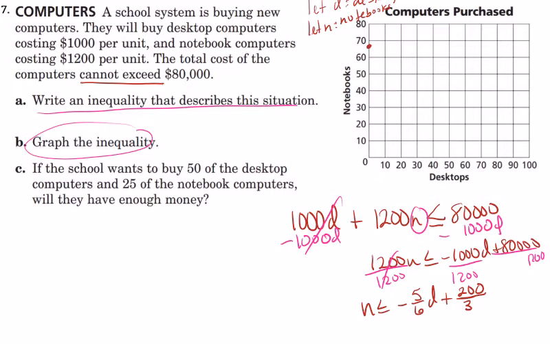And then you use the slope to find the next point. The slope is negative 5 over 6, so I'm going to go down 5 over 6, something like this. Okay, and then we just draw the line through the dots.